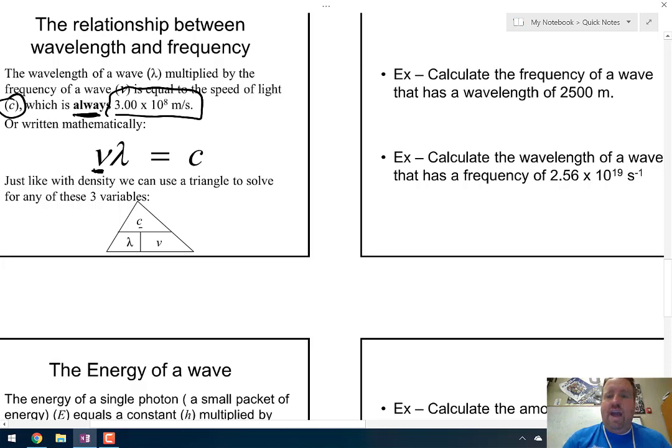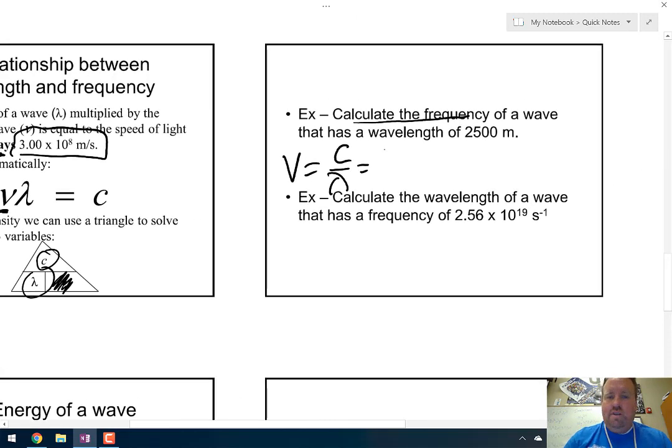So to get nu by itself, I'm going to take the speed of light over the wavelength. Again, the speed of light never changes, so that's going to be 3.00 times 10 to the 8th meters per second.